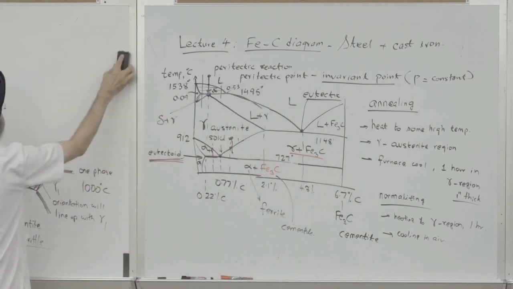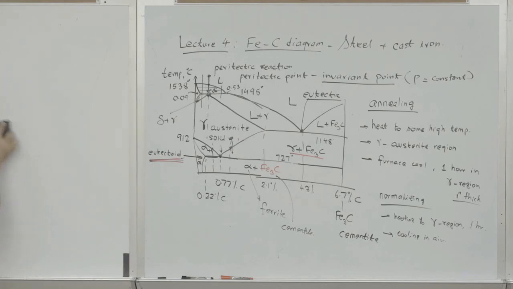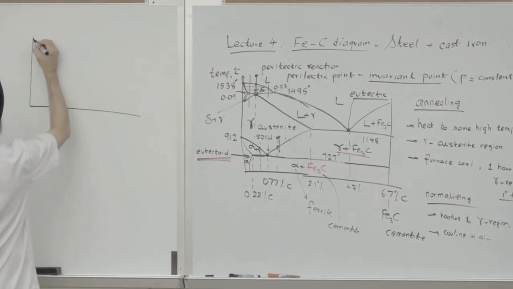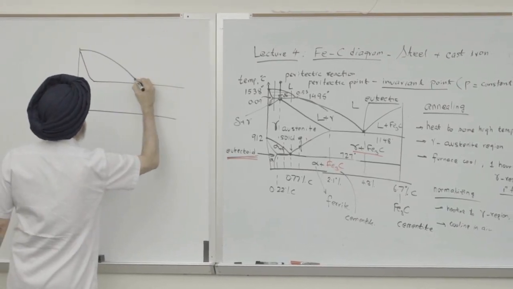There's an experiment you can do. We're just trying to understand the eutectoid reaction. So let me draw a much bigger phase diagram. I'll just draw the eutectoid part of it.